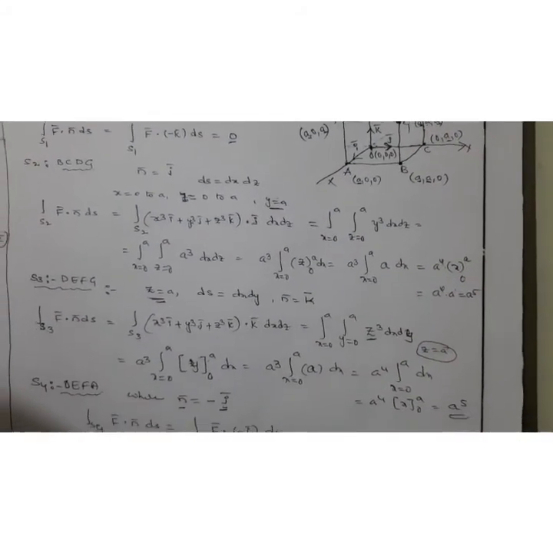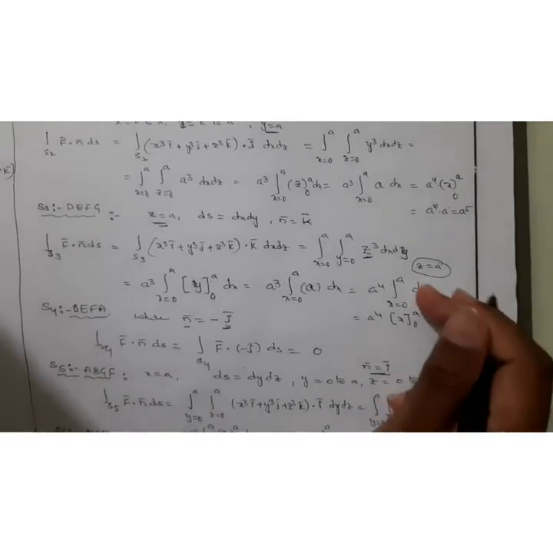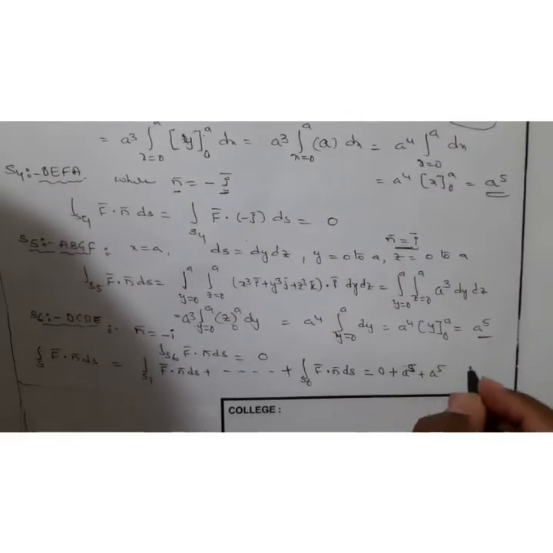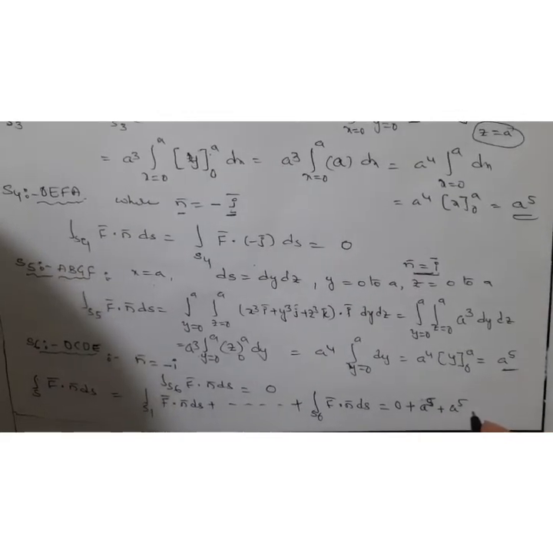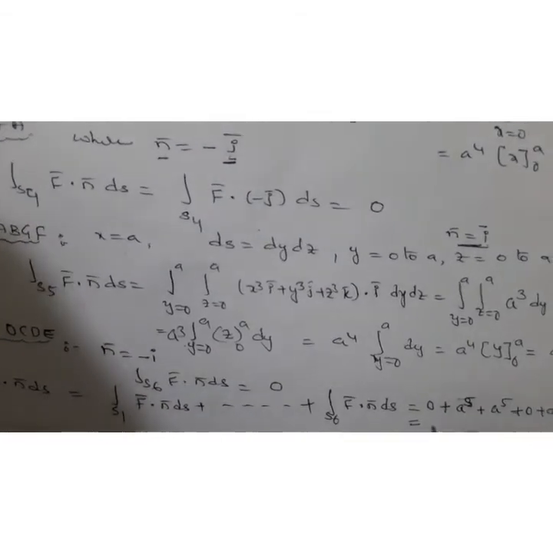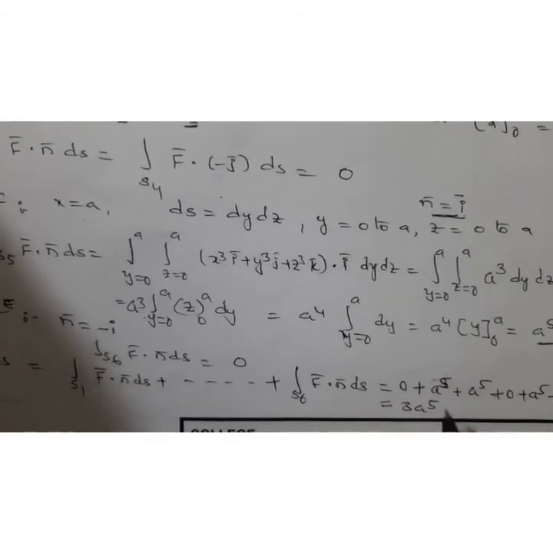The first surface is 0, second surface is a power 5, S3 is a power 5, next S4 is 0, S5 is a power 5, S6 is 0. Therefore, a power 5 plus a power 5 plus a power 5, 3 a power 5.